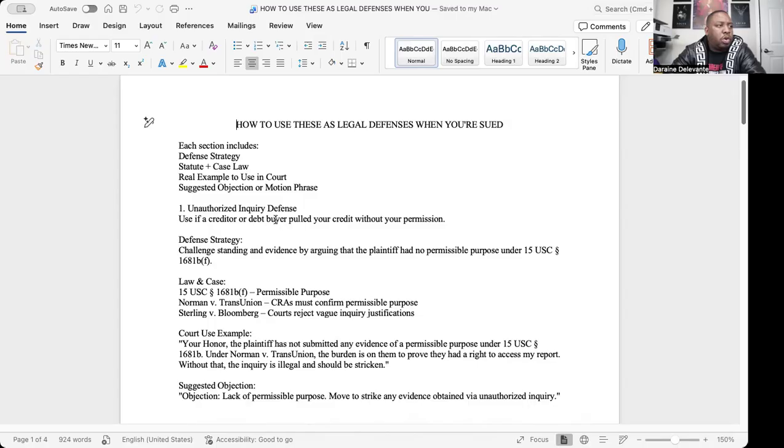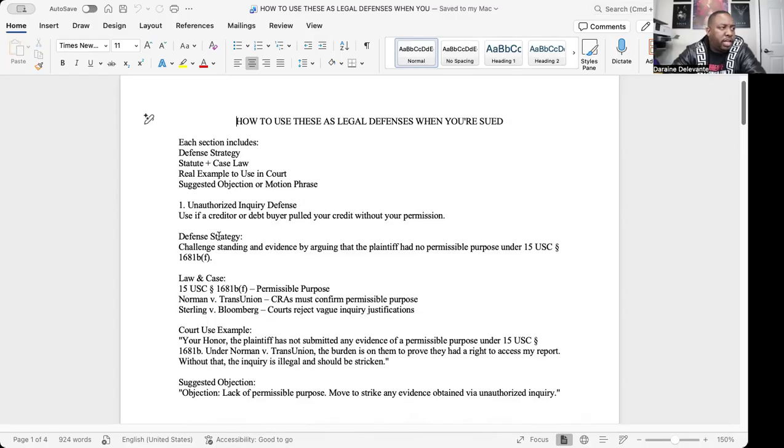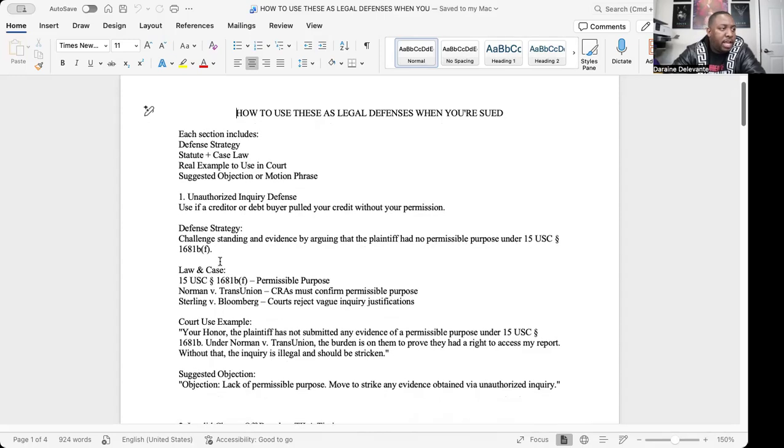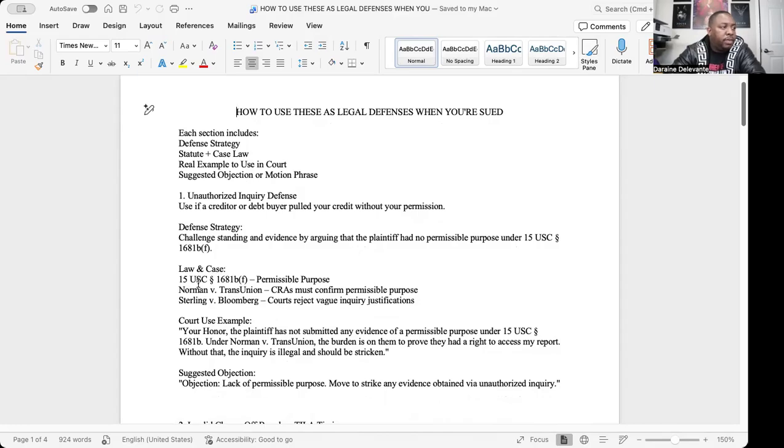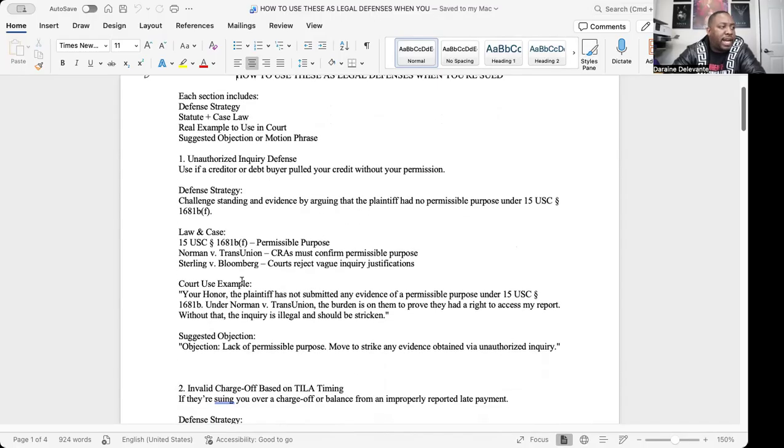Use if a creditor or debt buyer, debt collector pull your credit without your permission. So the defense strategy would be to challenge the standing and evidence by arguing that the plaintiff had no permissible purpose under 15 USC 1681b. And the case law that we're going to use is Norman versus TransUnion, Sterling versus Bloomberg, and we're going to build our entire case on this.